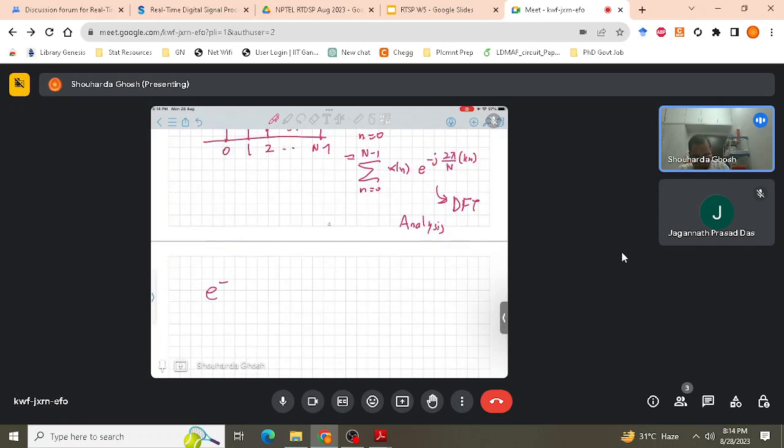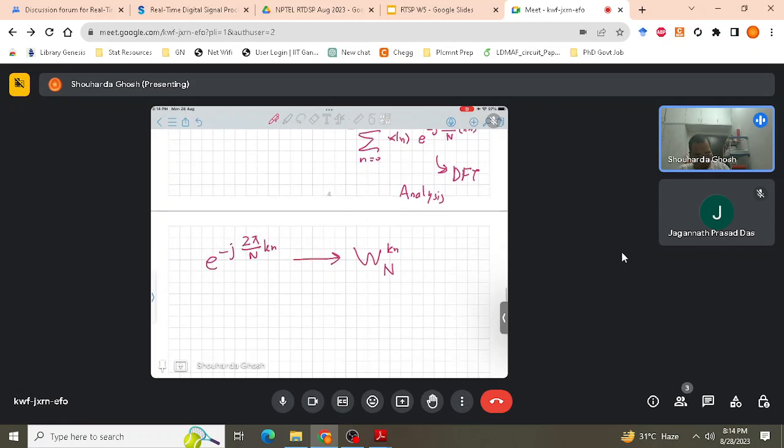We denote this e to the power minus j 2 pi n k n by W n k n, where W n is e to the power minus j 2 pi upon n. This is what we call the twiddle factor.